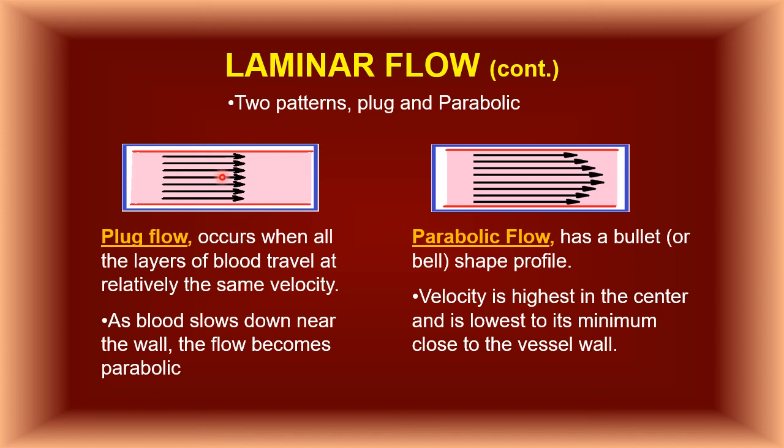Those in the center are moving fast, at the same velocity. Those in the periphery, because of the friction with the blood vessel wall, lag behind. We get what we call the parabolic flow. Parabolic flow is still a laminar flow, but it's related to the friction that happens in the periphery of the blood vessel.